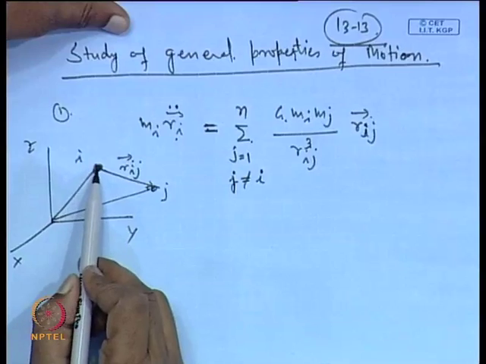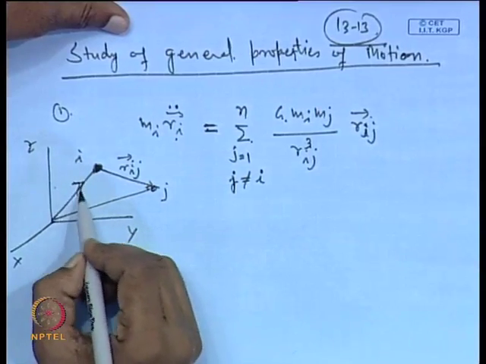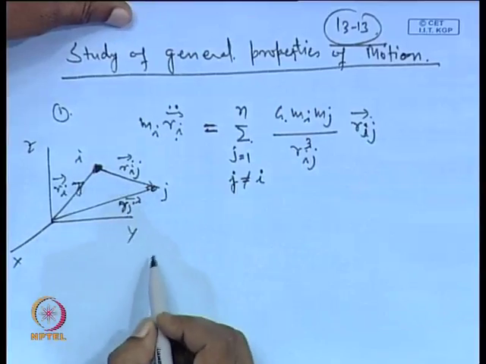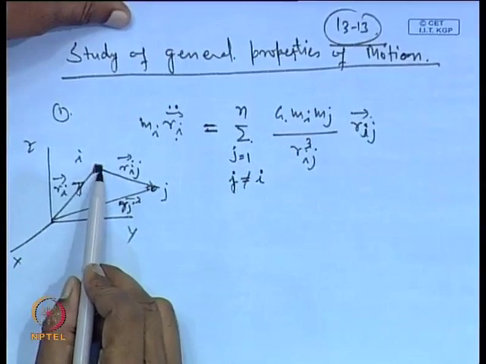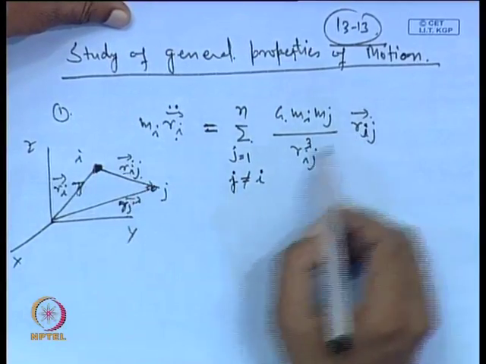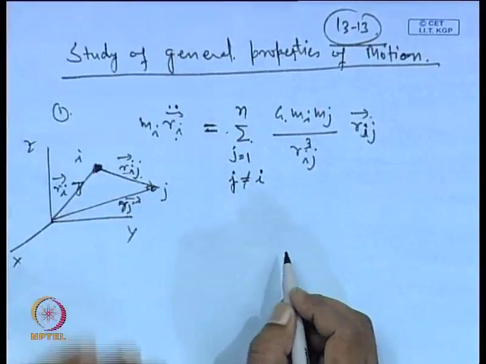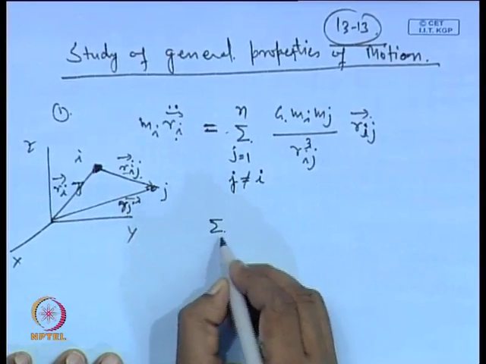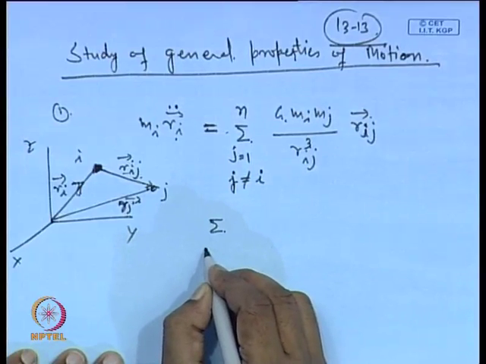So, we are considering the motion of the i-th particle. This is r_i, this is r_j. The force on the i-th particle is directed along r_ij, therefore here the minus sign is not appearing.